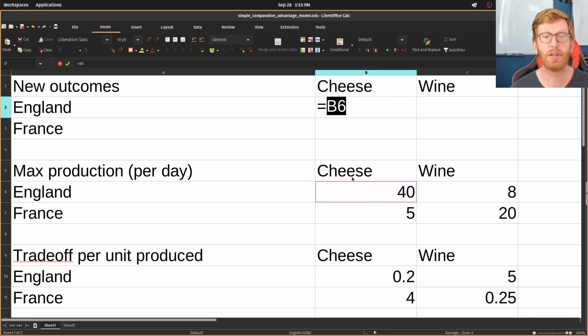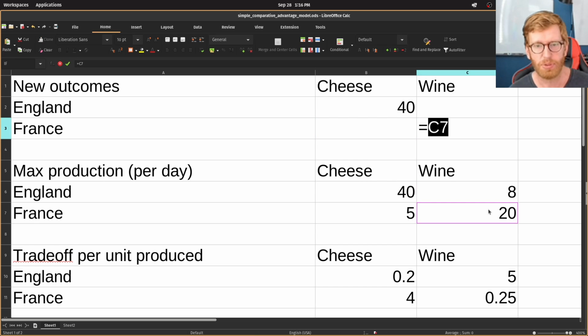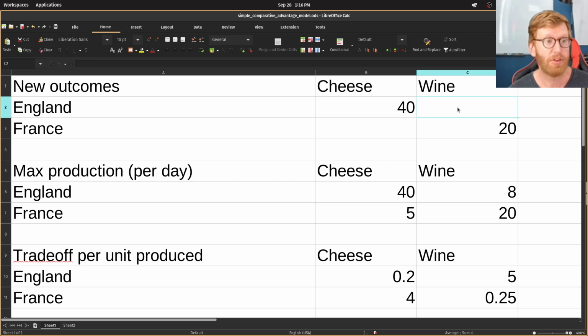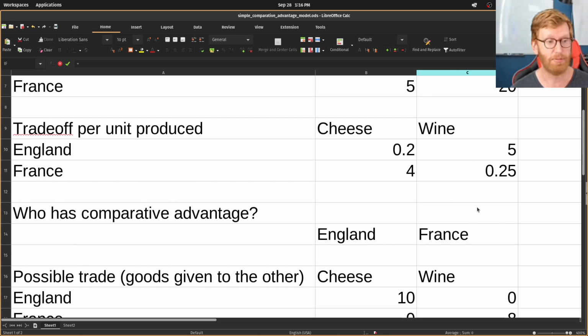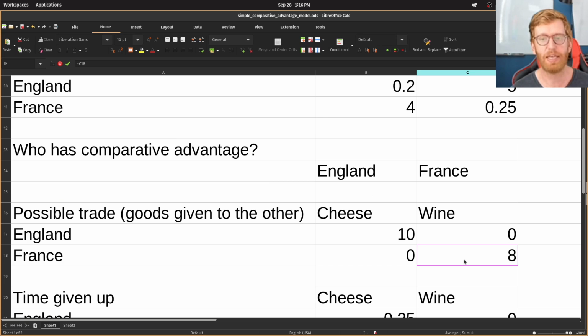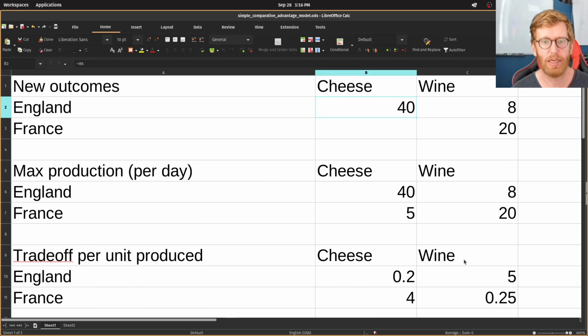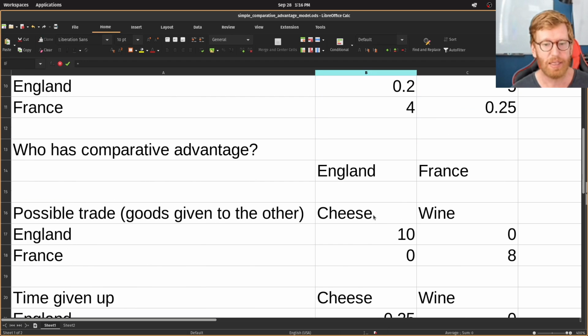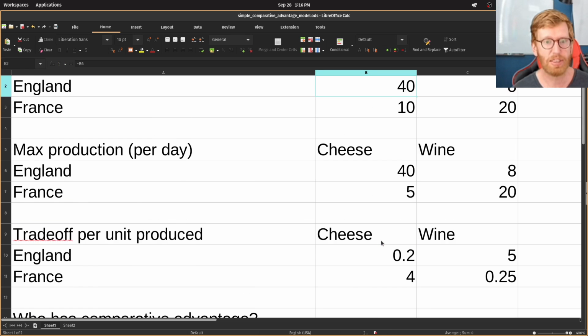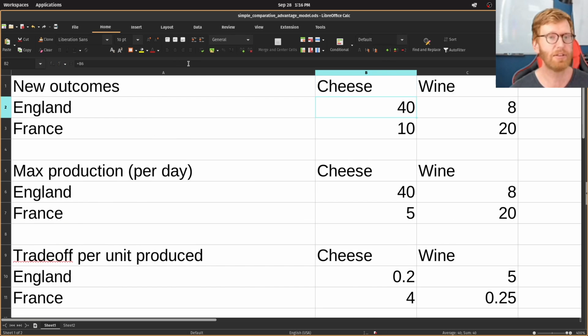England is going to only produce cheese, right? So start by putting that in. Their wine, they're going to be producing 0 wine, but we can add in the amount that they get from this trade. So in this trade, they are getting 8 units of wine, and France is getting 10 units of cheese. And England is going to be essentially netting this out.